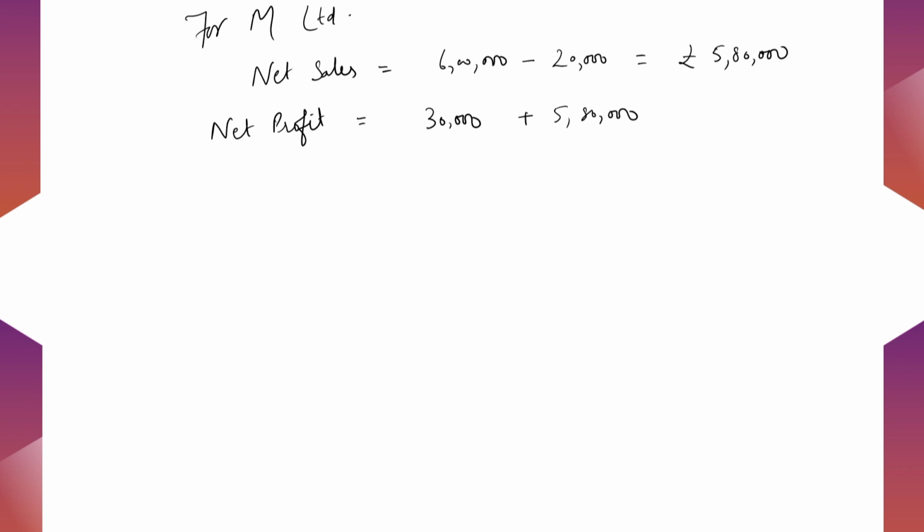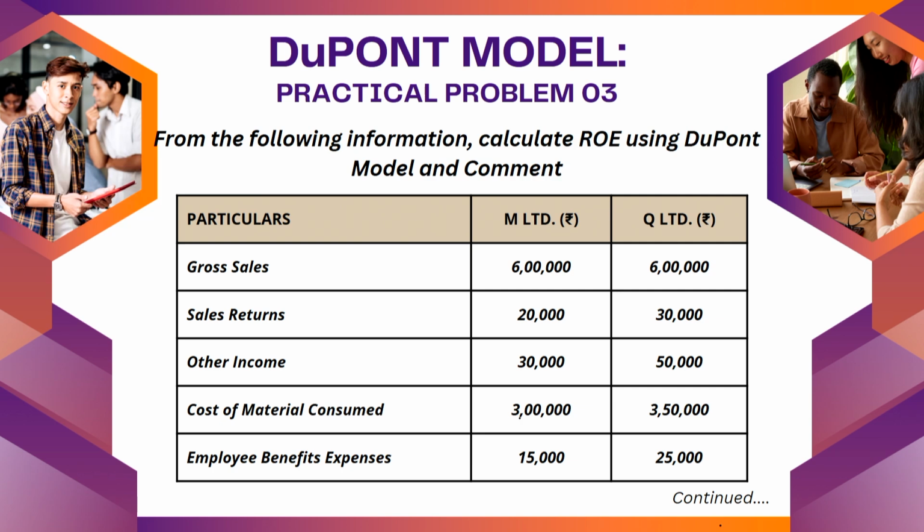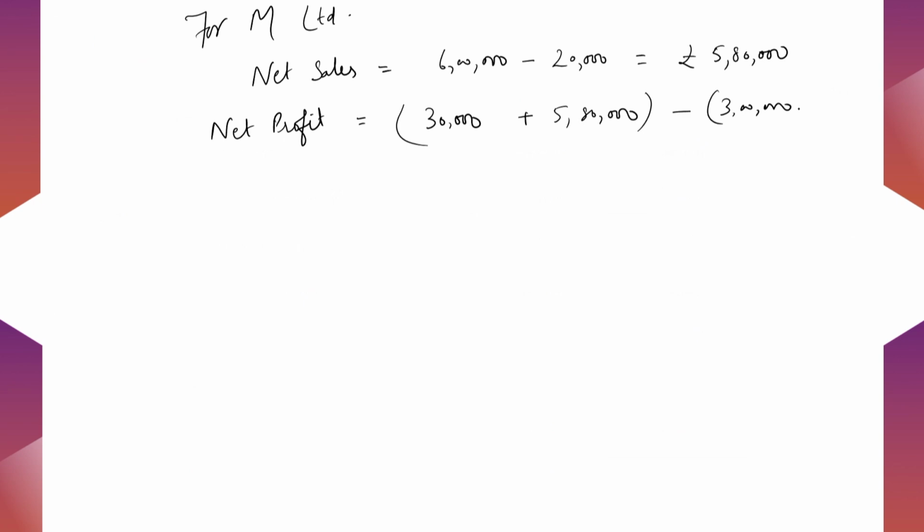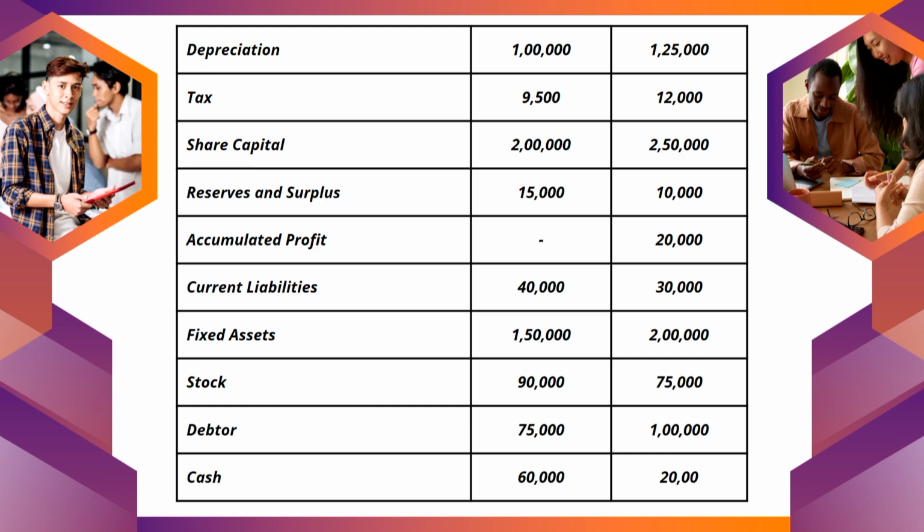5,80,000. Out of this total we will deduct the different expenses which we have paid, like cost of material consumed 3 lakh rupees, this is given. 15,000 employee benefit expenses, plus depreciation is 1 lakh rupees and taxes is given 9,500.